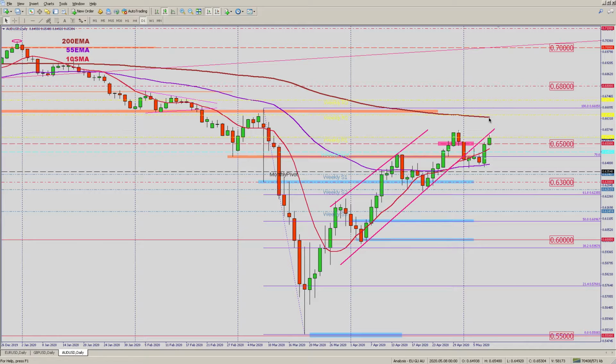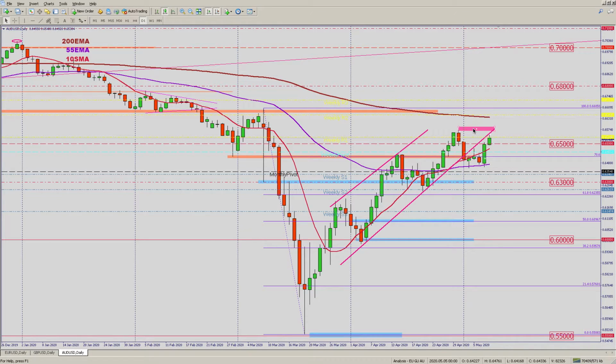Let's see whether it's going to reach the daily 200 EMA at 0.6637. Right, so let's move this.